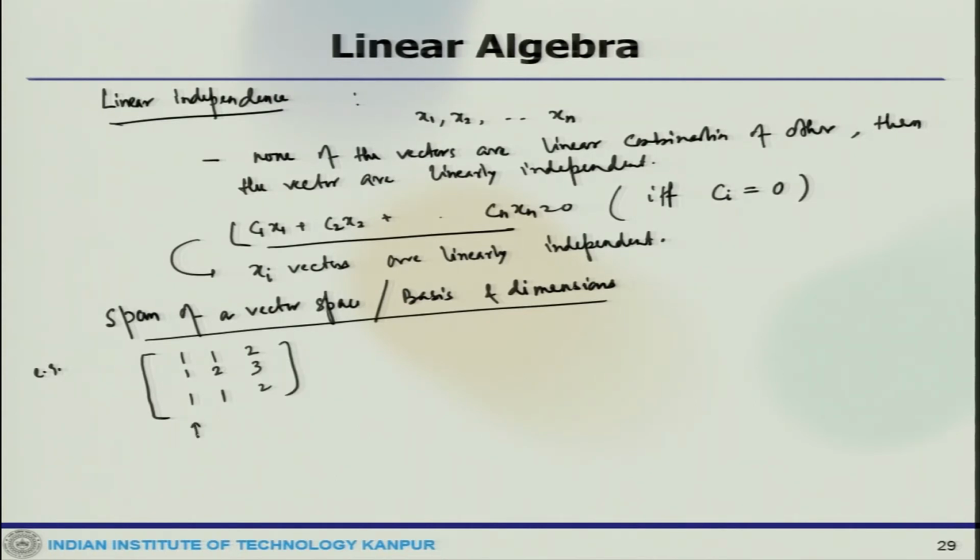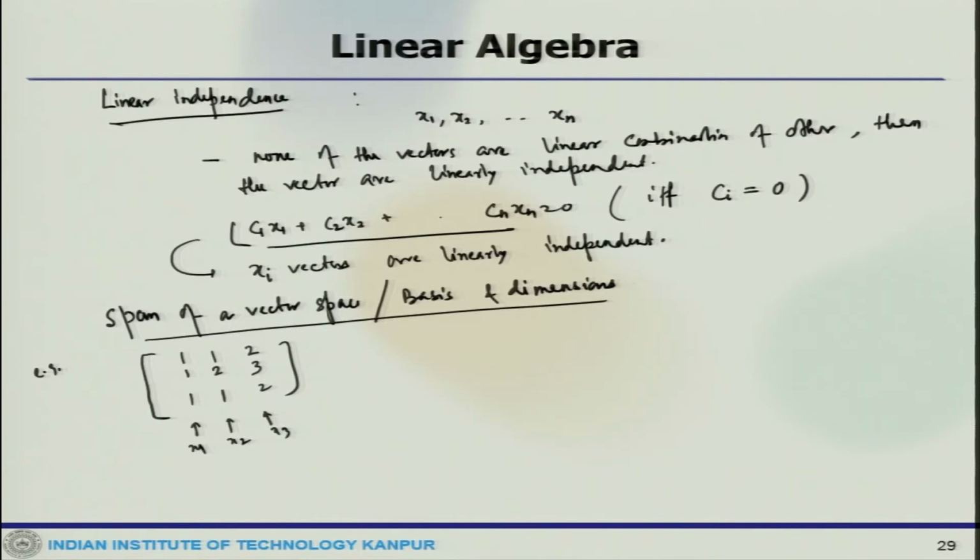This corresponds to x1, this is x2, and let us say x3. Here there are 3 vectors and they are spanning a 3 dimensional space. Any addition or scalar multiplication does not cause a change from a 3 dimensional space.